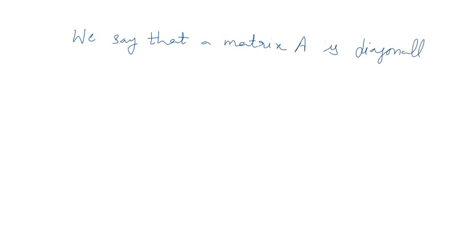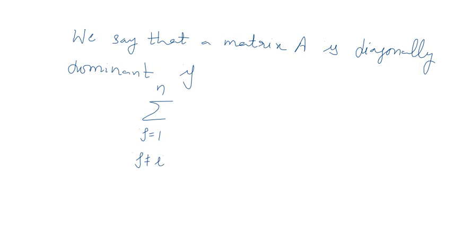So we say that a matrix A is diagonally dominant if summation j equals 1 to n, j not equal to i, mod of a_ij is strictly less than mod of a_ii, for every 1 less than or equal to i less than or equal to n.